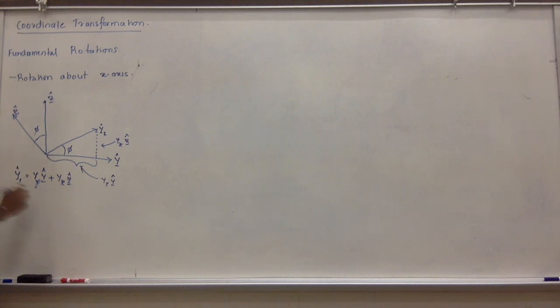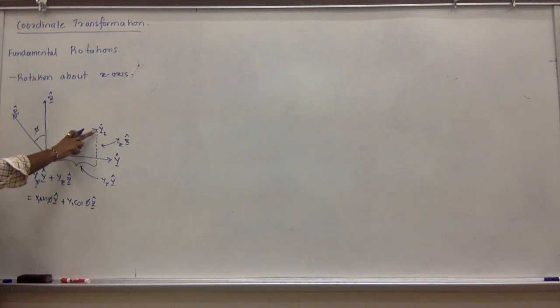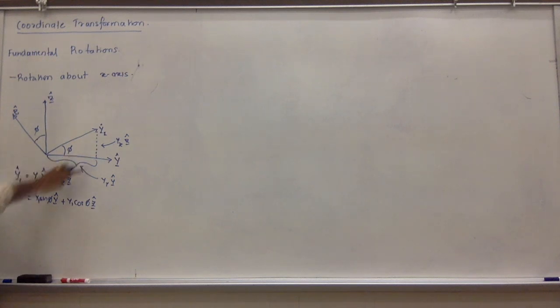But it also happens to be, can you say this is y1 sine phi y plus y1 cosine phi z? So y is what? Y is y1 into sine phi, right? You see it? Opposite. And this is y1 cosine phi.